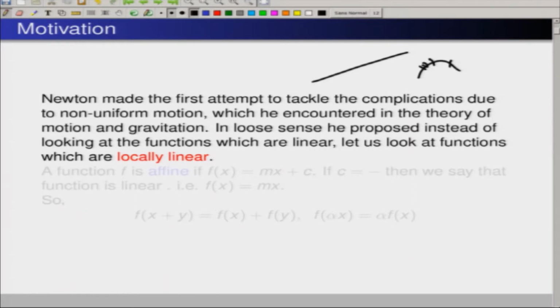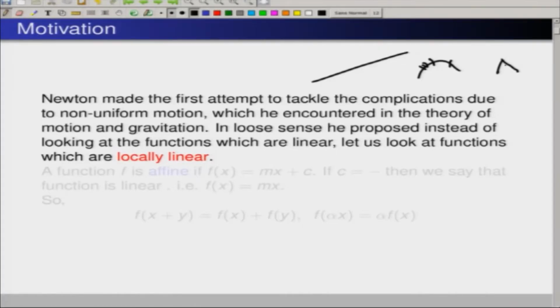If you look at a very narrow, small window, the function will look like a linear function. That is what intuitively is locally linear. Whereas suppose I have a function like this.